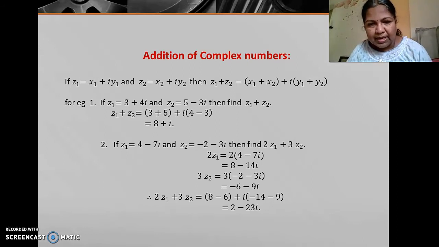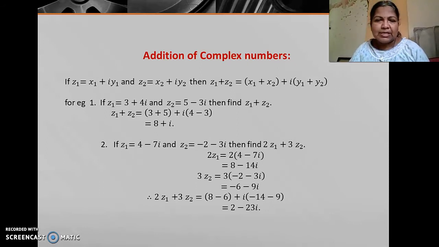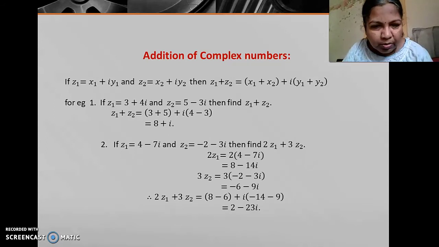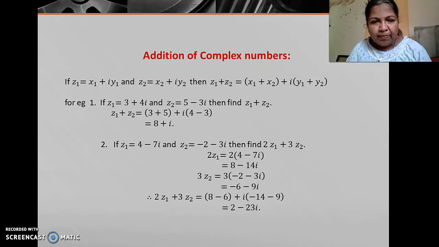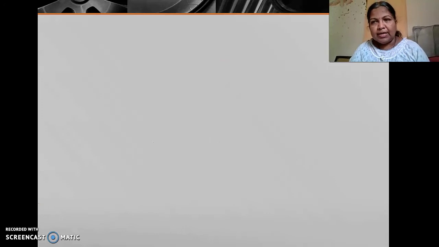So 2 into 4 is 8, 2 into 7 is 14. Hence 2z1 is 8 minus 14i. Similarly 3z2 becomes 3 into minus 2, minus 6, and 3 into minus 9, minus 9i. Now I can add these two numbers, 2z1 plus 3z2: 8 plus minus 6 is 2, and minus 14 plus minus 9 is minus 23i.